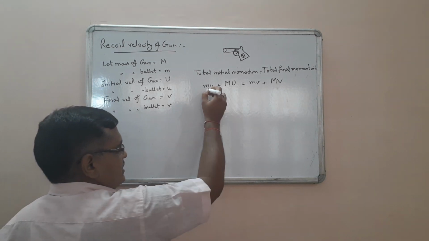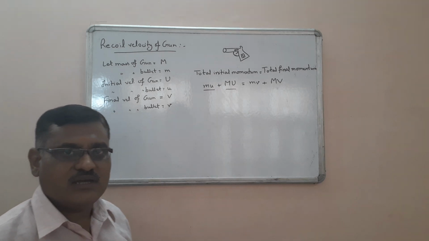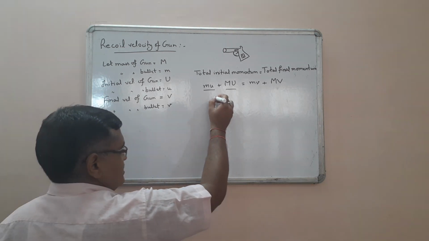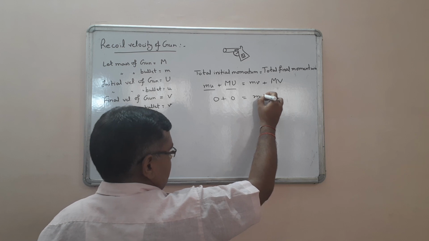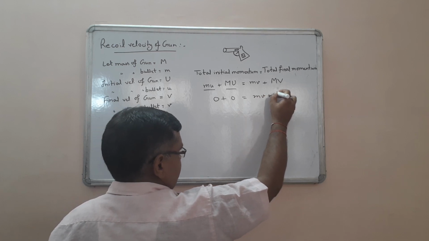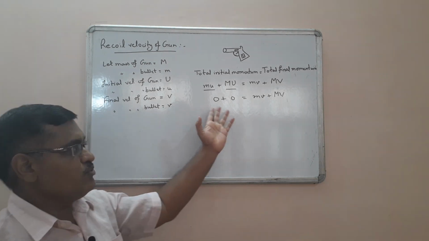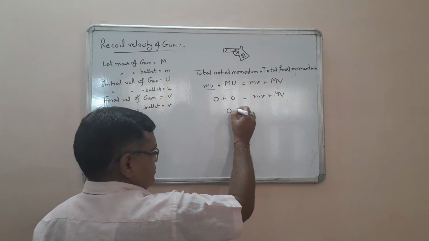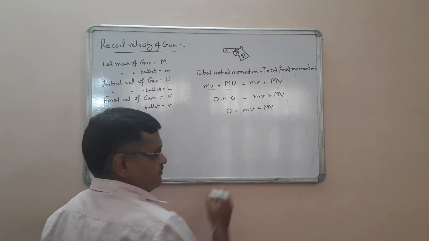Now you know, initially the initial velocity of the bullet and the gun was 0. So this is 0 plus 0 is equal to small m into v plus capital M into capital V. Now you know the initial momentum is 0. So you can write this as 0 is equal to mv plus capital MV.